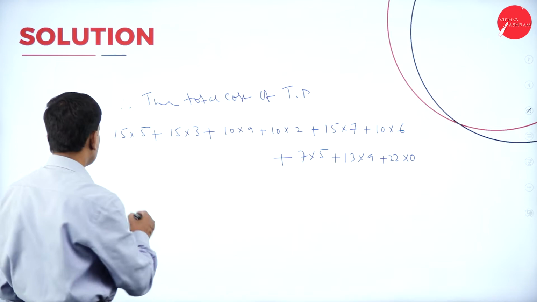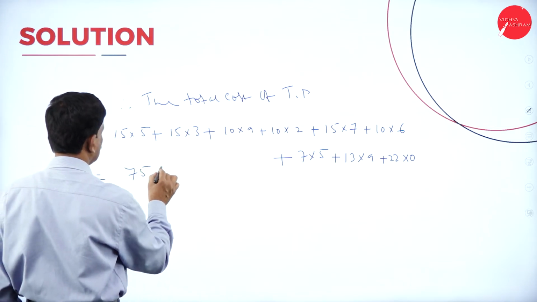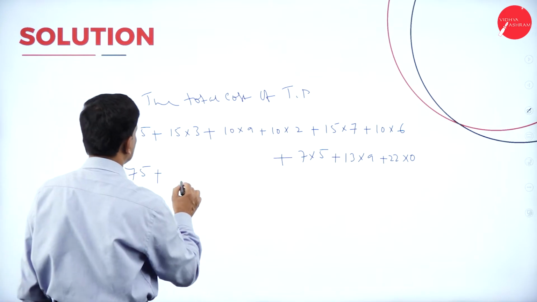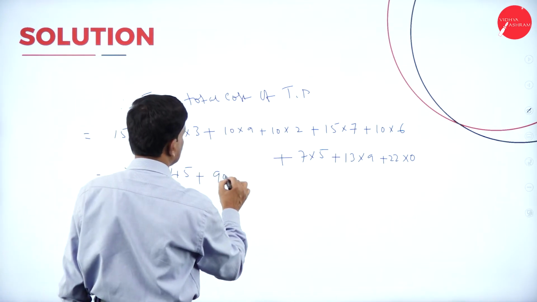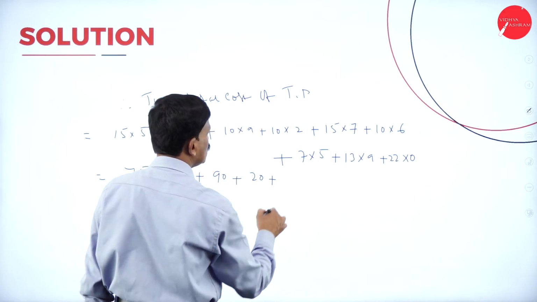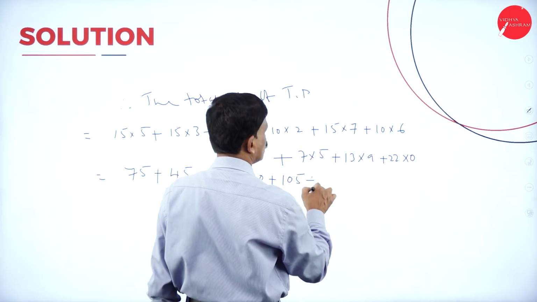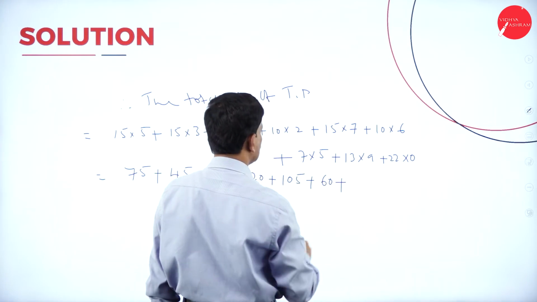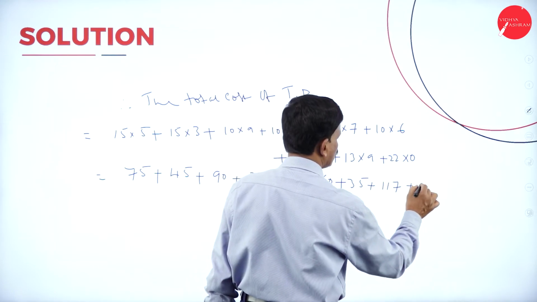Now this is equal to 15 into 5, which is 75, plus 15 3s are 45, plus 10 into 9 is 90, 10 into 2 is 20. 15 into 7 is 105, plus 10 into 6 is 60, 7 5s are 35, 13 9s are 117, plus 0.